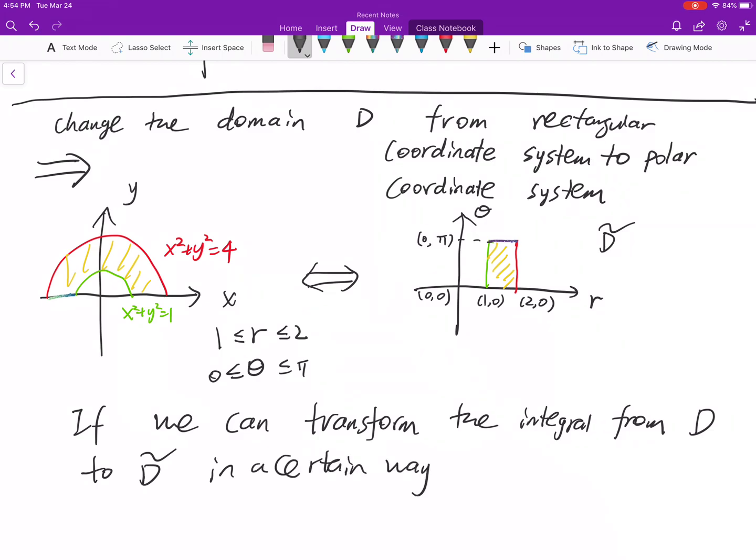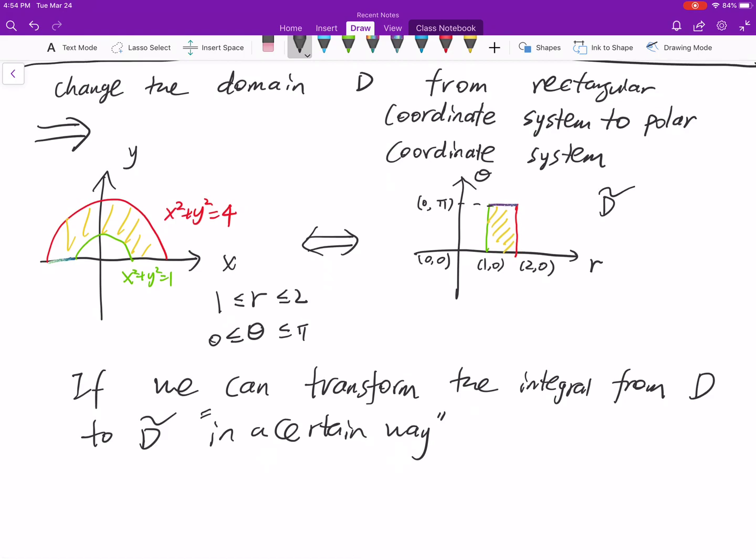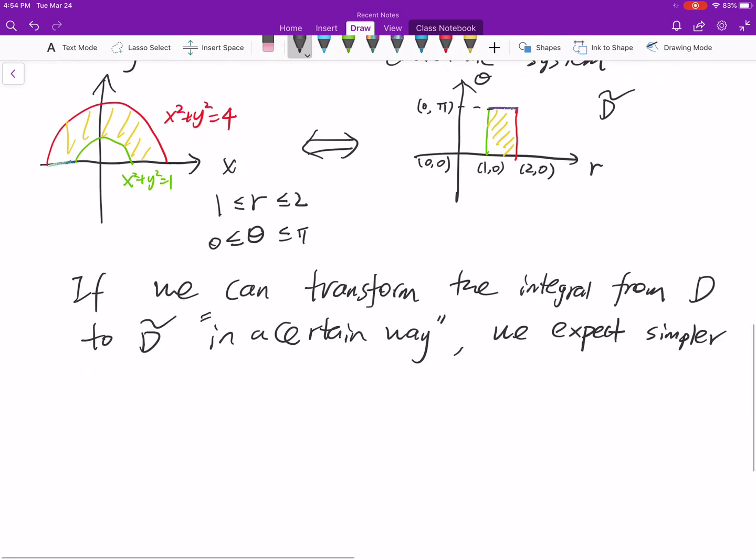I will not specify it at this point, but this turns out to be very important in calculation. What is the way of formulating the transformation? If we can transform the integral from D to D prime, we expect simpler calculation.